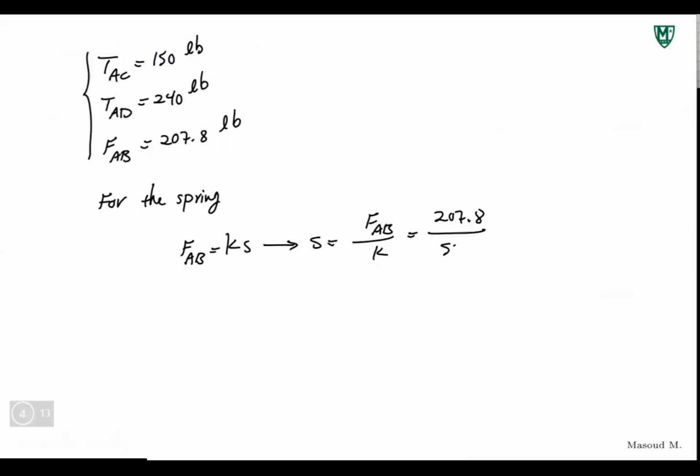So 500. If you do this calculation, you'll get S, the amount the spring is stretched, and this is going to be in feet. And there goes the second part of the problem. So these two are for the first part of the problem, that was the forces in cables, and here's the stretch in the spring.